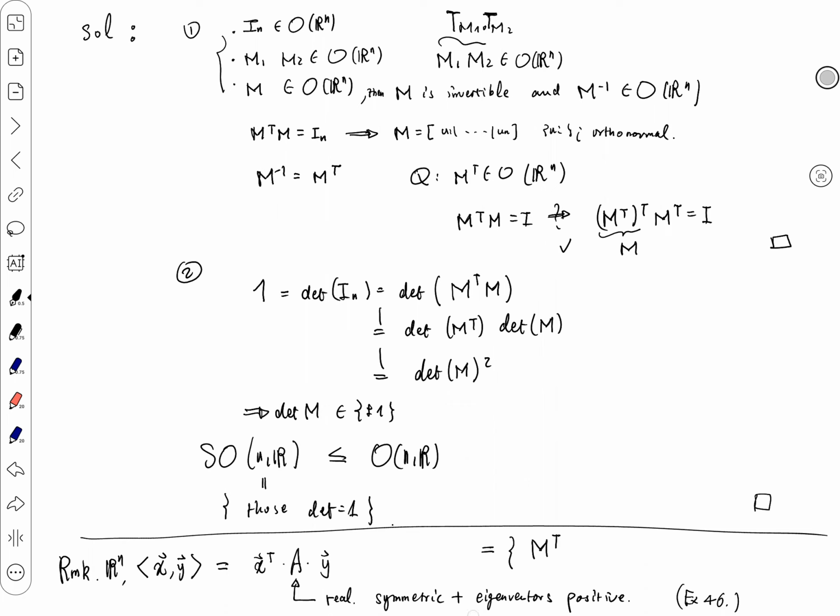Let me just call it the orthogonal group of R^n with respect to this inner product: it will be M transpose A M equals A. We will show that this is the characterization of preserving the inner product.